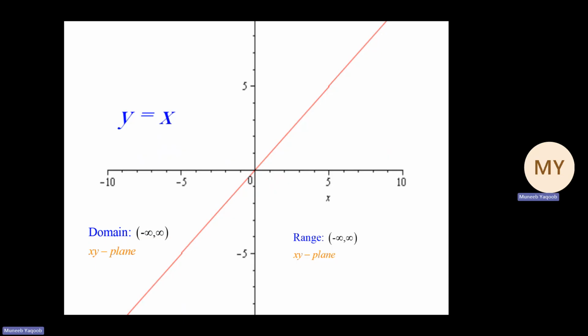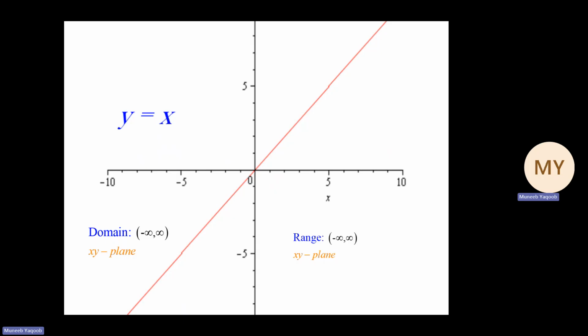Since there is no restriction, we can put x in the form of integers, rational numbers, whole numbers. There is no restriction, and we can put any value from a very lowest value to a very highest value.